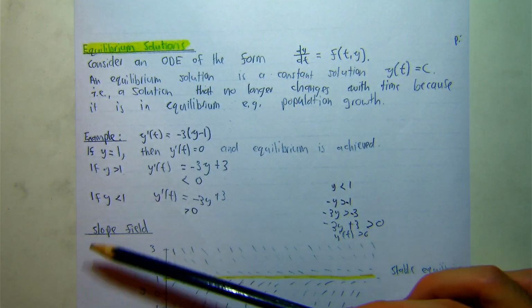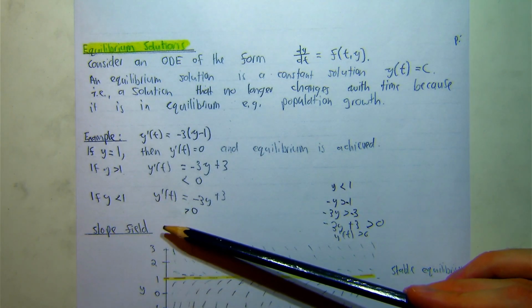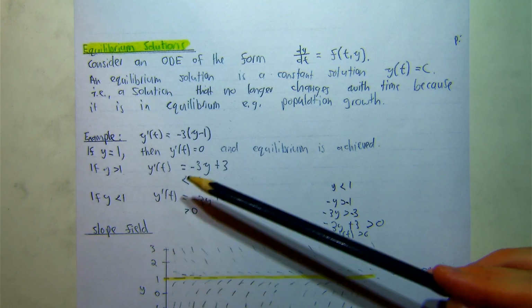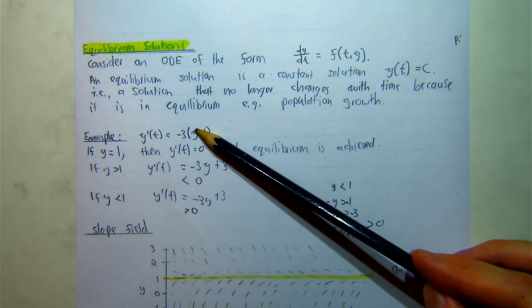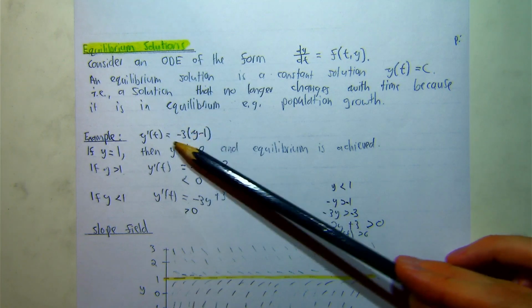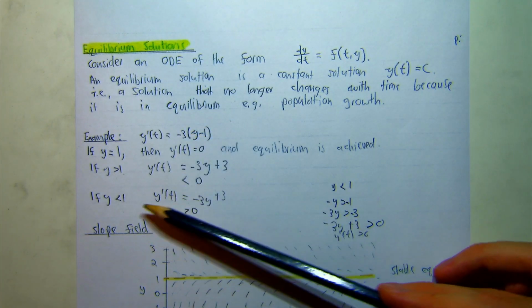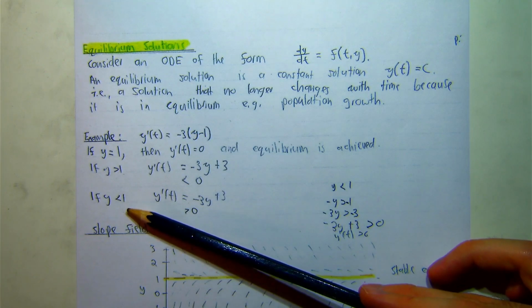If y is less than 1, then the derivative is going to be positive, because you have a negative number in this bracket and a negative number outside this bracket multiplied together is a positive, and so y will be increasing if its starting value is less than 1.